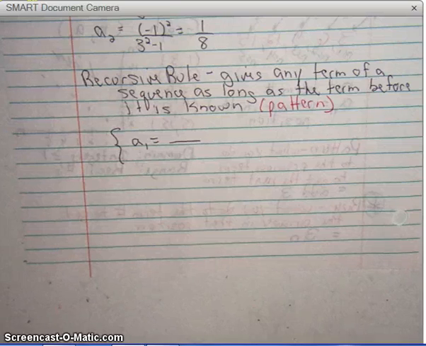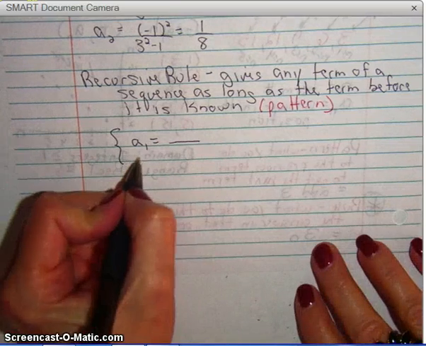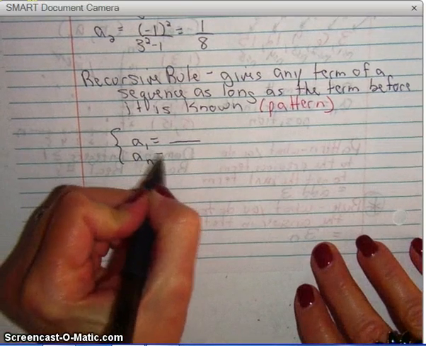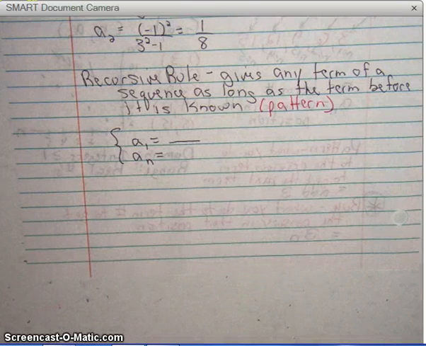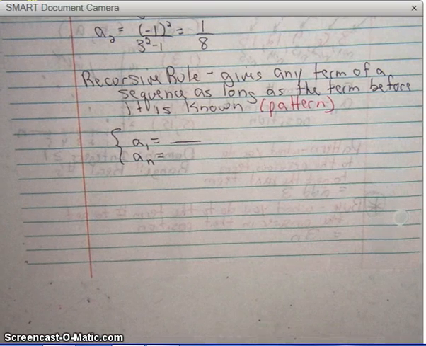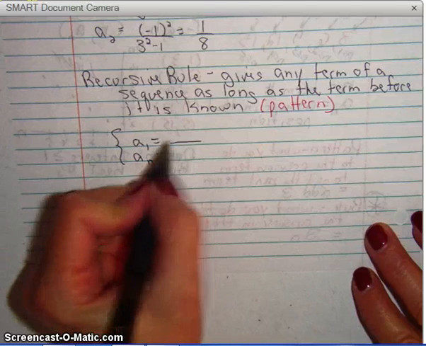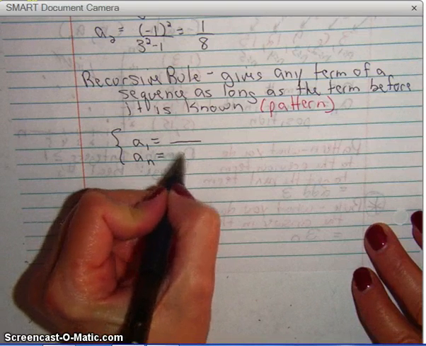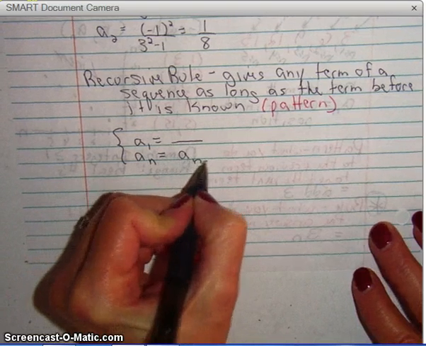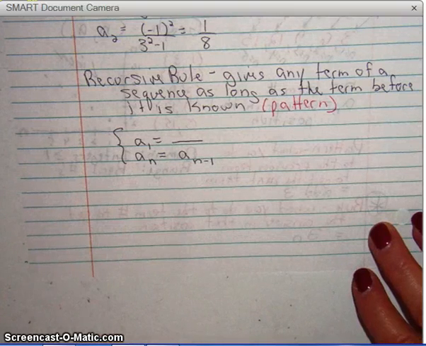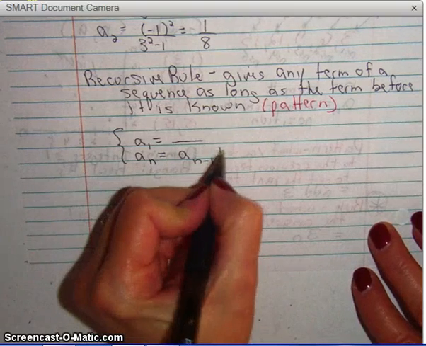So in the recursive rule, you give the first term. And then the second part of the rule is what you do to that first term to get the next term. It looks like this. It looks like a sub n equals a sub n minus 1 plus blank.